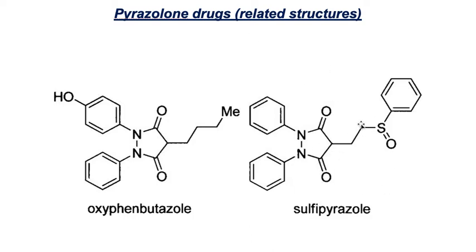So you use this in multi-drug resistant tuberculosis, and it's also anti-hyperglycemic. That's too much sugar, as opposed to hypoglycemic, which is too little blood sugar. And so you can see, again, these are privileged structures.